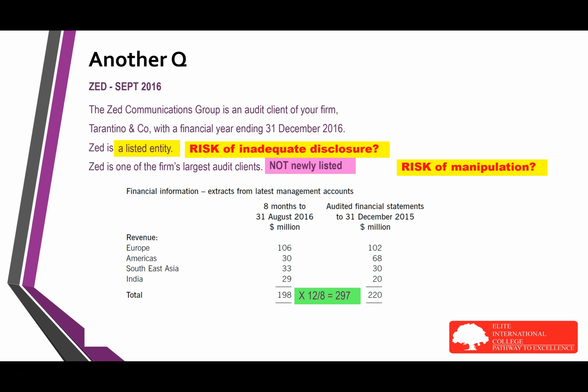When you compare 297 million with the previous year, that amounts to a revenue increase of a whopping 35%. So, is there a risk of manipulation? The answer would be unlikely, because Z's results look like they are improving and improving by quite a bit.